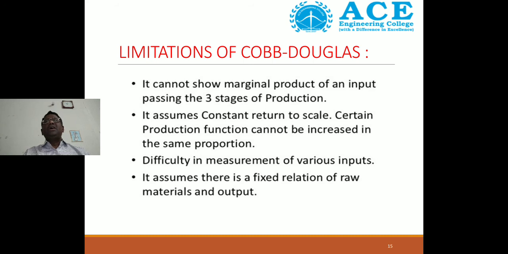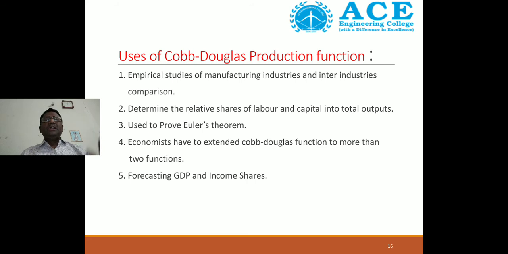Then what are the uses of the Cobb-Douglas production function? It is used for empirical study of manufacturing industries and inter-industry comparison. The second use is that it determines the relative shares of labor and capital in total output.